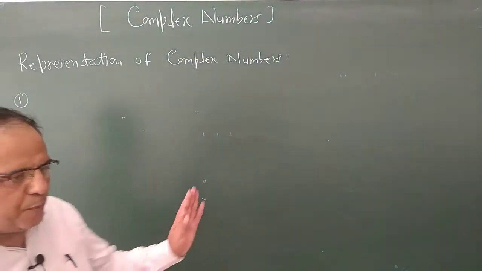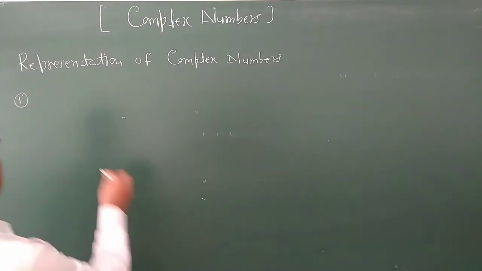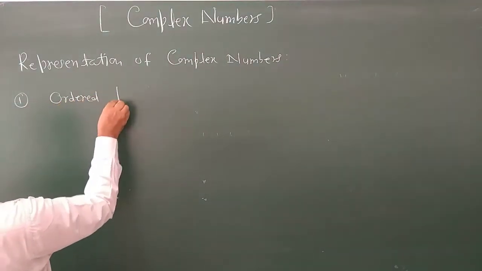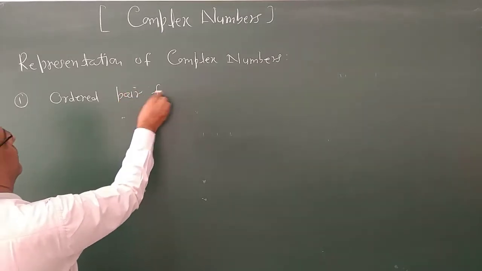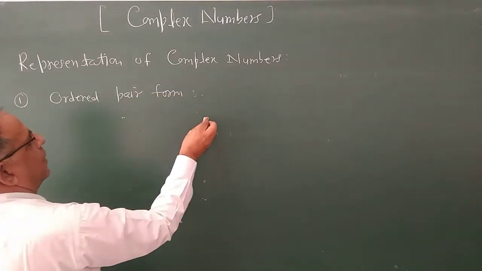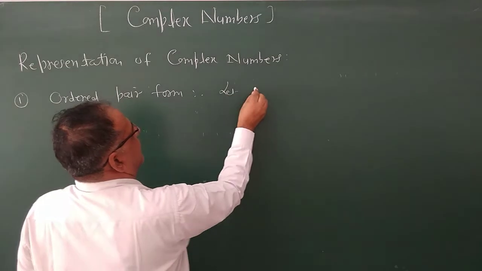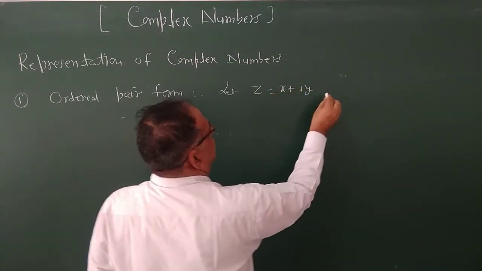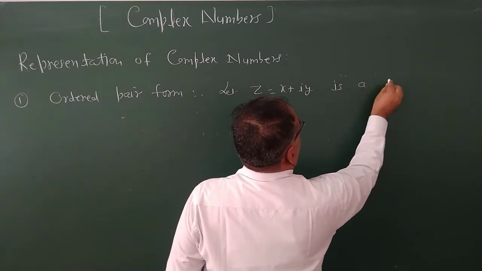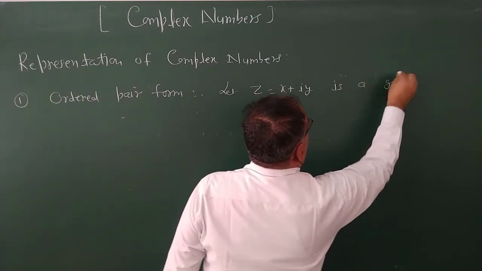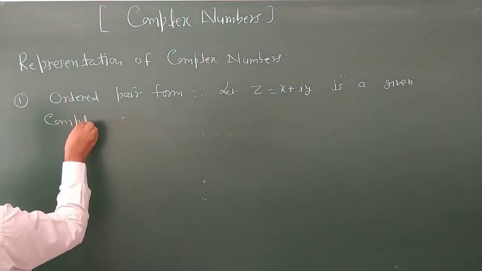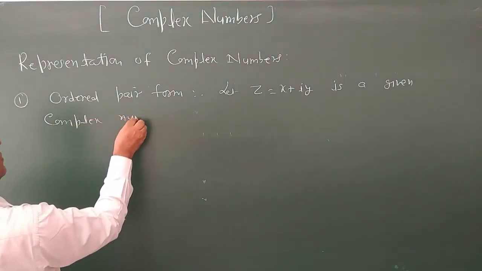The first way of representation is ordered pair form. Suppose that z equal to x plus iota y is a given complex number.